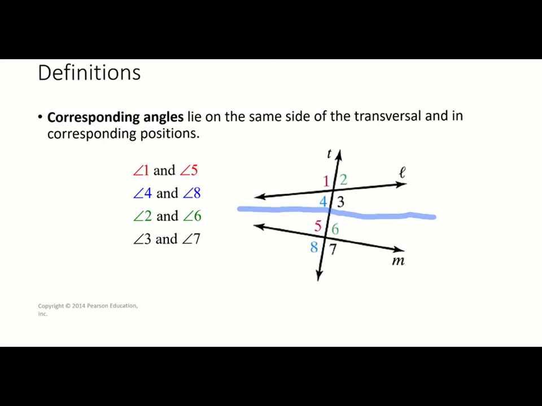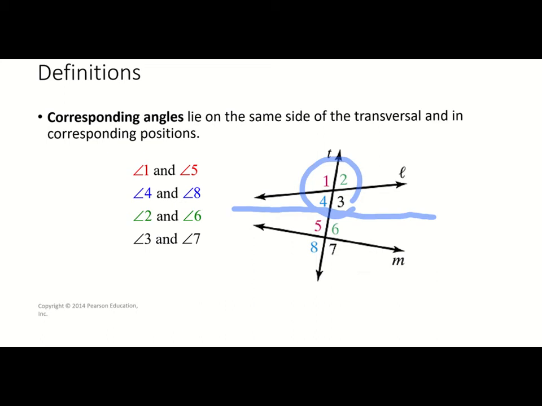If I were to take the top angles and lay them on the bottom ones, these would be your corresponding pairs. So angle 1 is in the top left corner. Angle 5 is also in the top left corner if you were looking at it as two separate things. So if I were to put the angles on top of each other, 1 would be on top of 5. So 1 and 5 are corresponding angles.